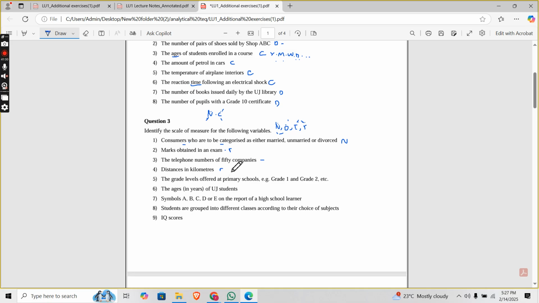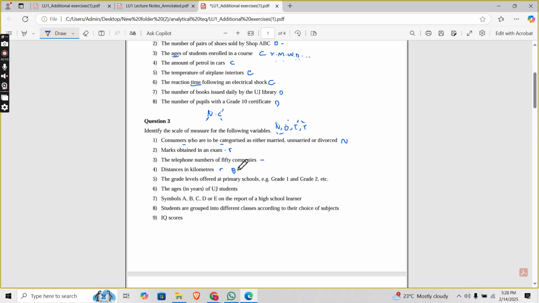Why? 0 kilometers means that there's no distance. And the difference between variable values is meaningful, which means the difference between 20 kilometers and 10 kilometers is the same as the difference between 40 kilometers and 50 kilometers, which is 10 kilometers.